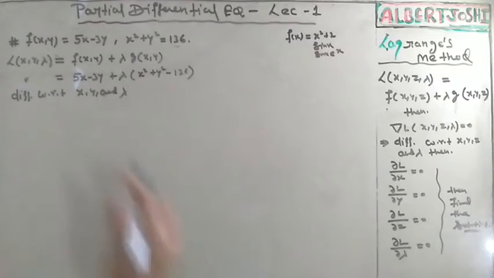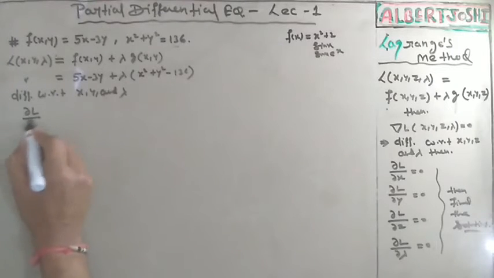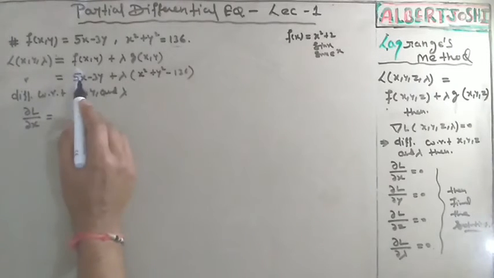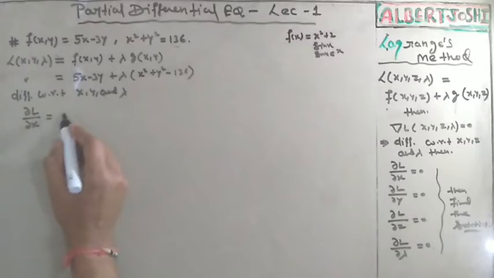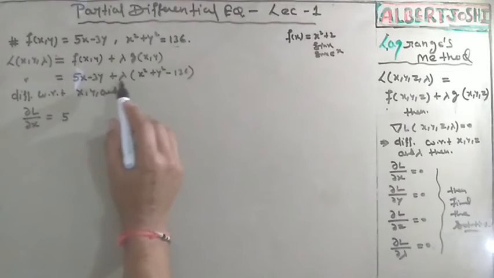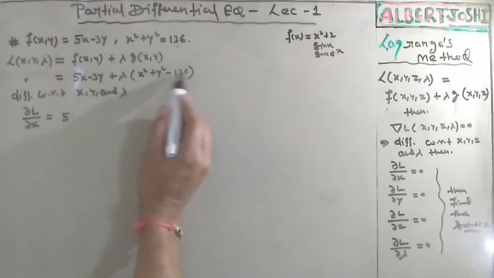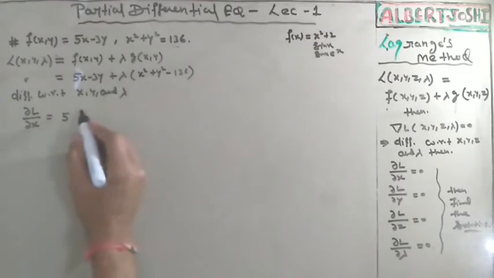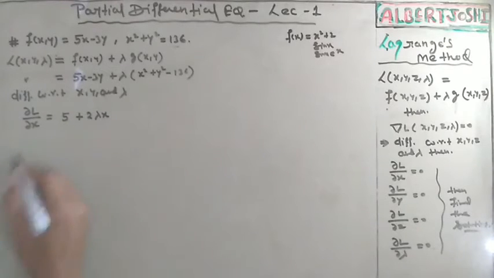So del L upon del x, if you differentiate with respect to x, then the constant part is 0, then you are getting 5 plus 2 lambda x, is equal to 0. This is the first equation.